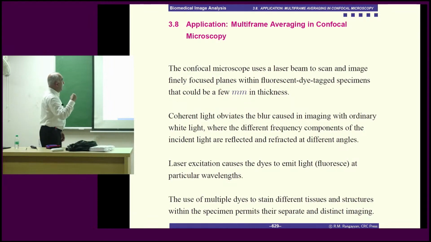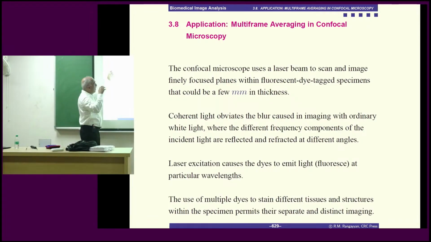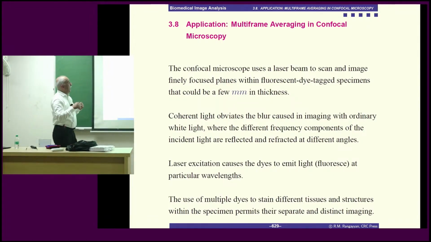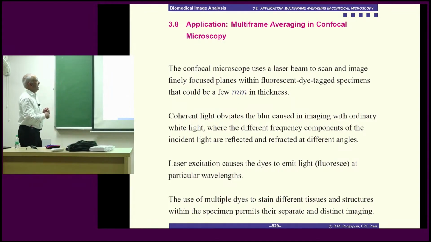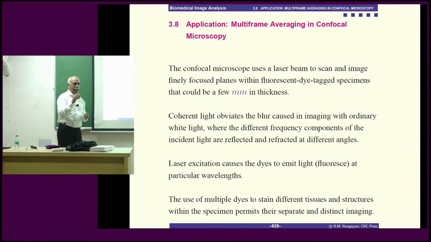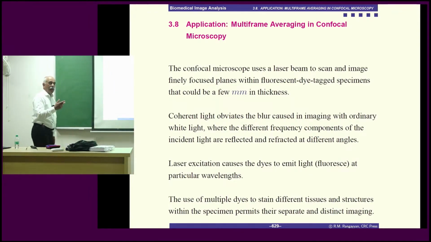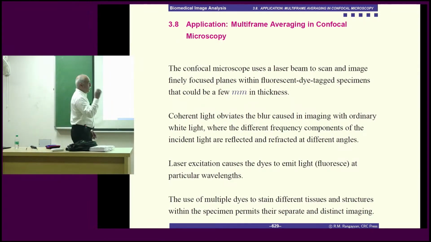So a laser beam is scanned, and it finally focuses on certain planes, and the sample is tagged with a fluorescent dye, and that gives out light at a certain wavelength. The use of coherent light obviates the blur caused with full white light, the full spectrum. So you use only that specific wavelength of light because the laser beam is having just that frequency.